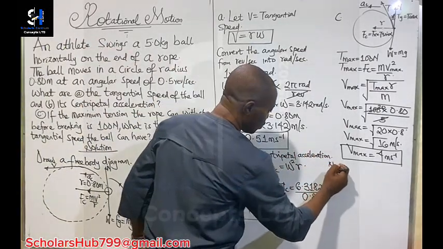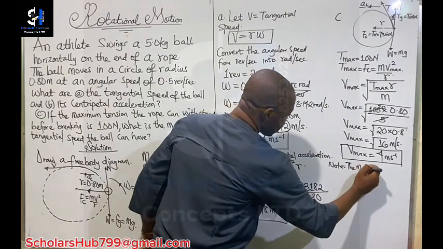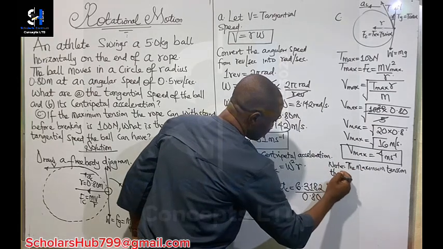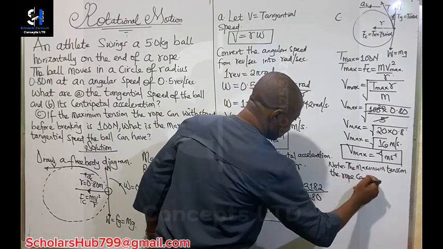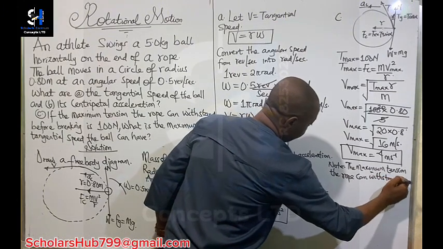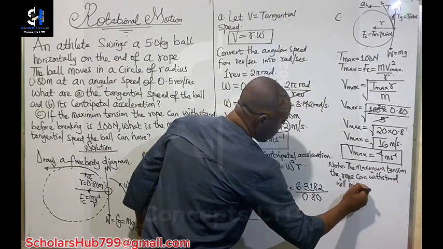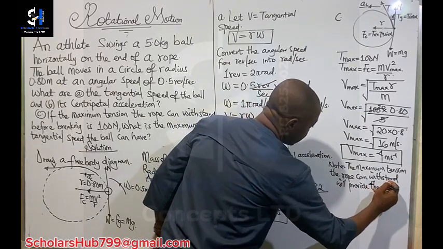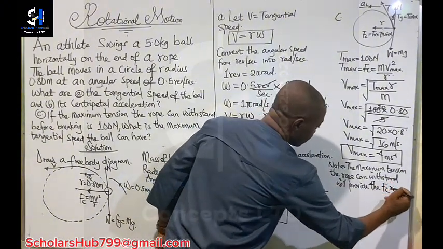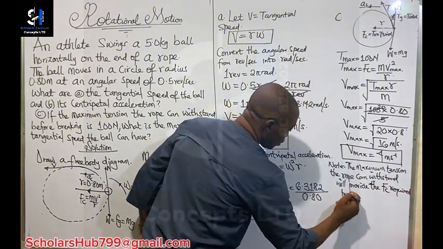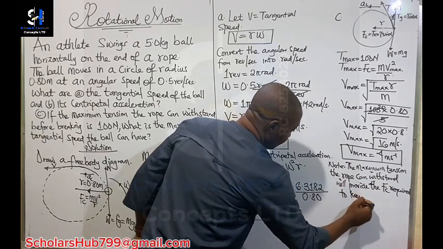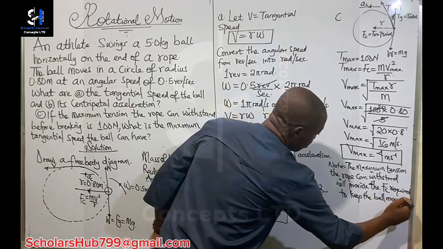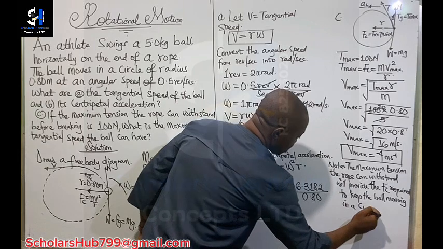Please don't forget, note that the maximum tension the rope can withstand will provide the centripetal force, Fc, required to keep the ball moving in a circle.